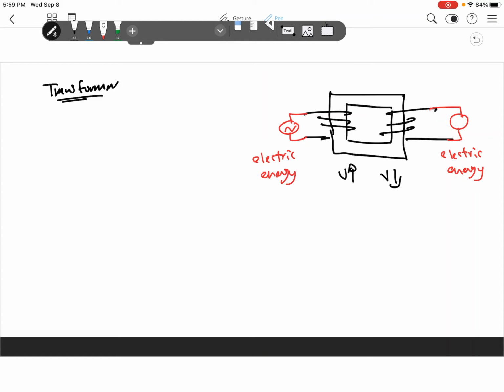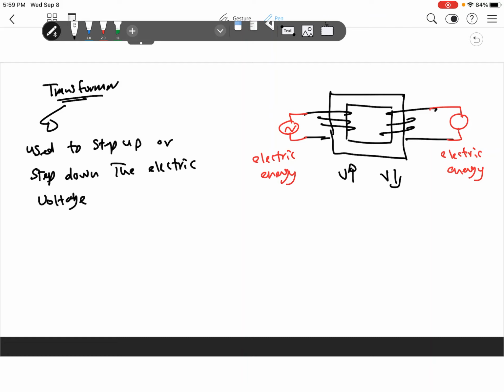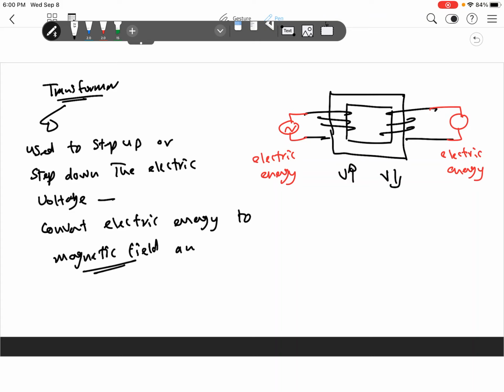Okay, but we call it a machine because this transformer is used to step up or step down the electric voltage, and to do this you have to convert the electric energy to, again, our medium, which is the magnetic field, and then back again to electric energy.